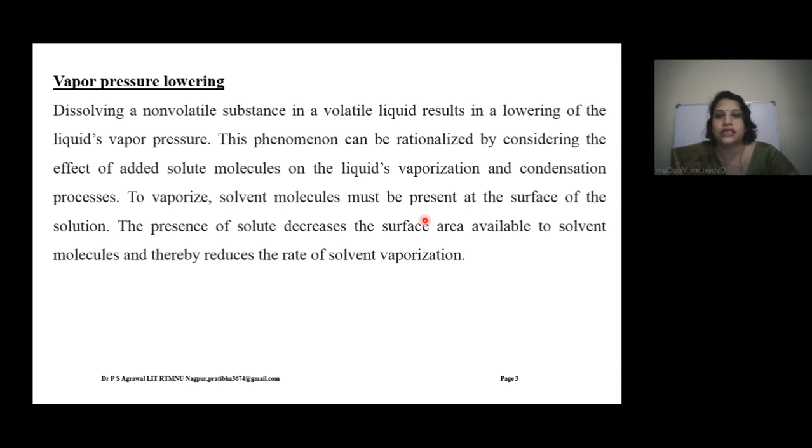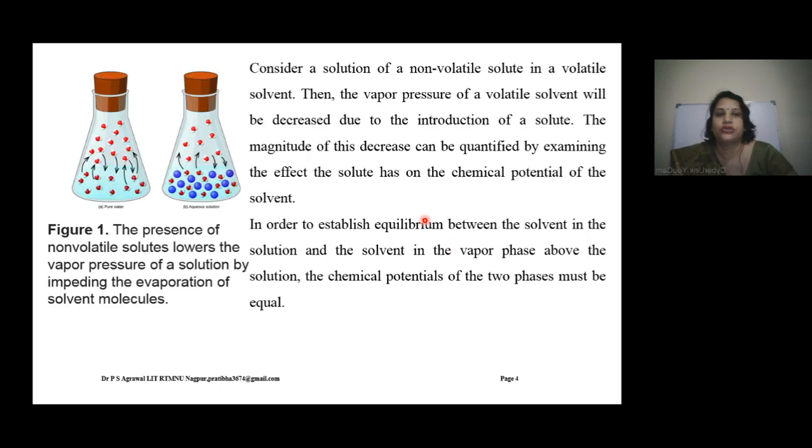The rate of condensation is unaffected by the presence of the solute. The net result is that vaporization-condensation equilibrium is achieved with pure solvent molecules in the vapor phase at a lower vapor pressure. While this kinetic interpretation is useful, it does not account for several important aspects of the colligative nature of vapor pressure lowering. The property entropy we will discuss.